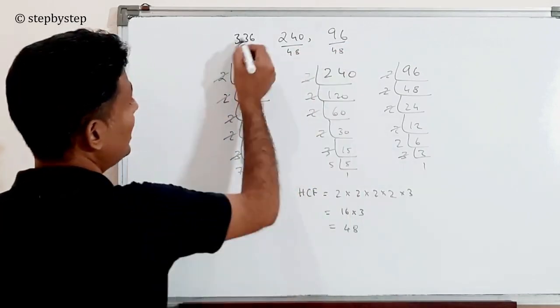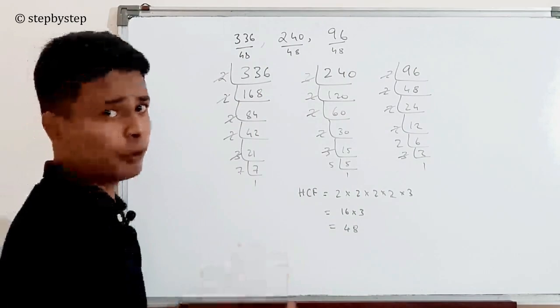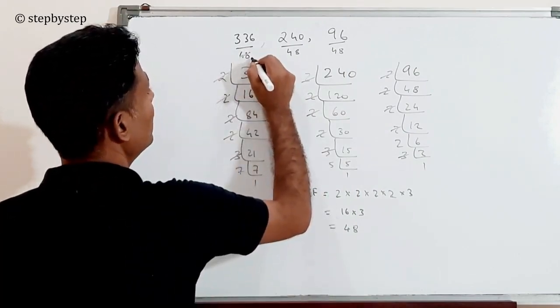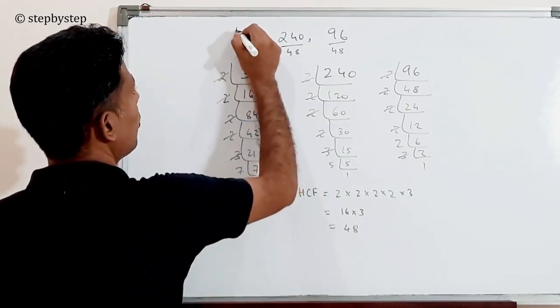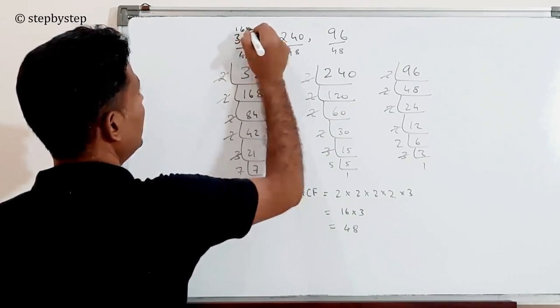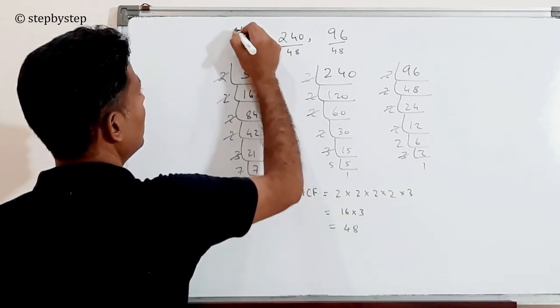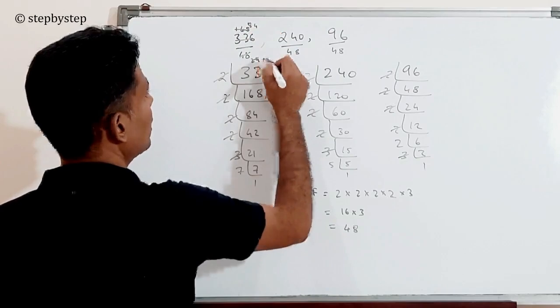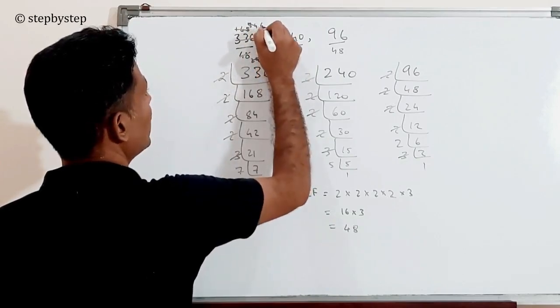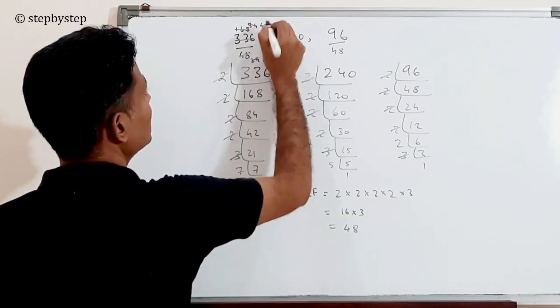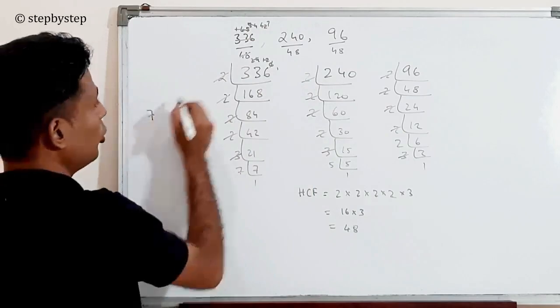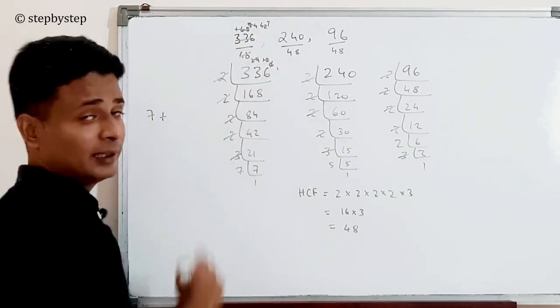So for 336 people, if we divide them into 48 people, how many rooms will be needed? 24s are 168, 24 12s are 84, 12 6s are 42, 6 1s are 7s are. So for the first group, 7 rooms will be needed.